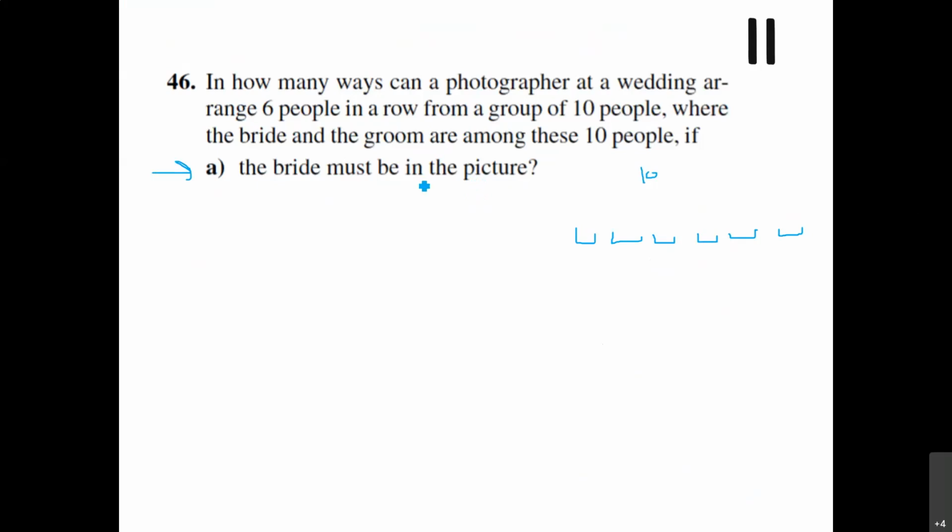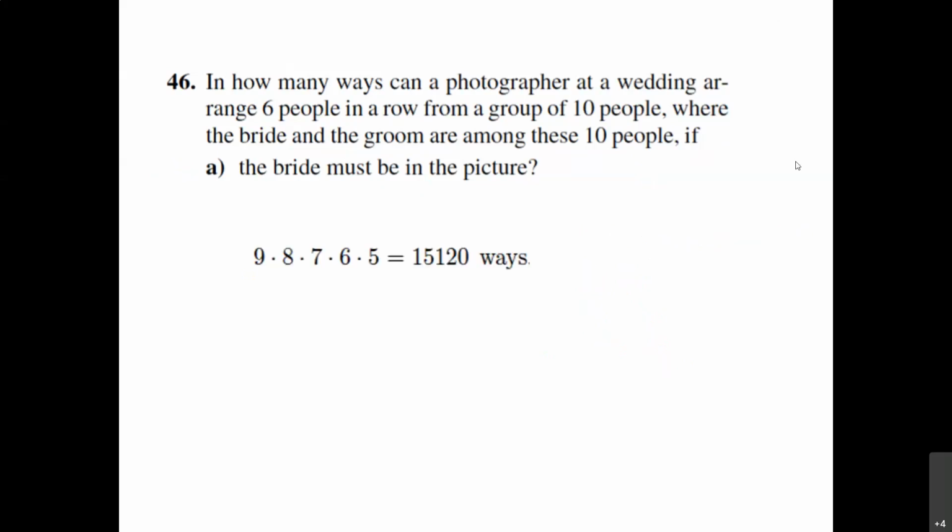Okay, so here the order matters. We care about how we arrange them. Like the positioning where they are in the photo differs. So if person 1 is here and person 2 is here, that's one way of taking a photo. Or if you flip their position, that's another way. So everything we've been doing so far, we've been caring about the positioning, and that's permutation, the way you position the elements or people or whatever, you care about that.